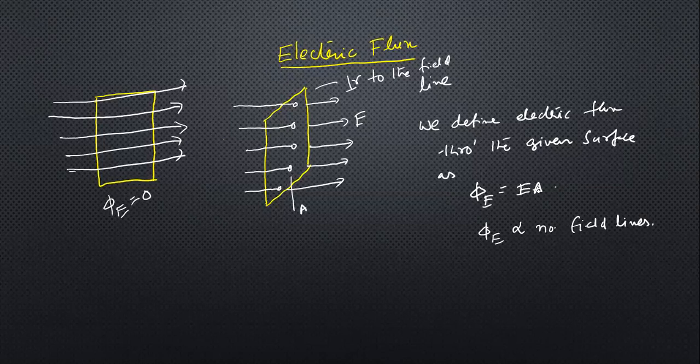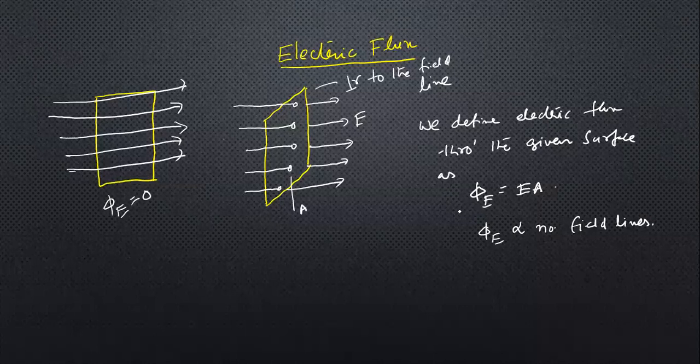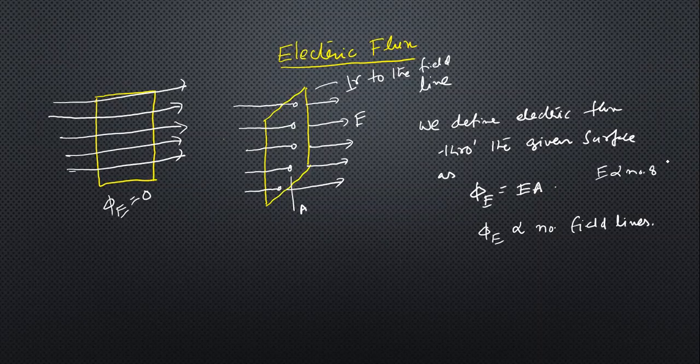Do you follow? Now E is phi by A. There's no proportionality, directly E equals phi by A. Since E is proportional to the number of lines by area, when you write E equals phi by area, I should also be able to say phi is proportional to the number of lines, isn't it?